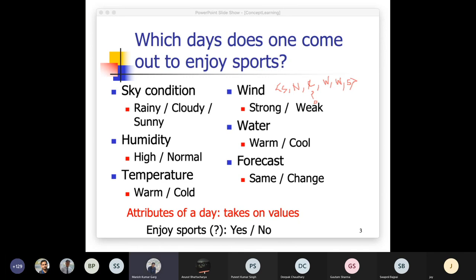Can anyone repeat the last question? How many records will follow this hypothesis? Will follow or will be true? Will be true. Okay. I think 2 to the power 64 upon 2. Am I right?